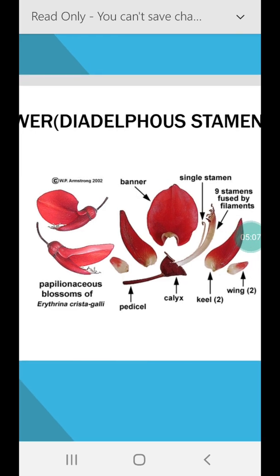the flower has one standard wing, that is the banner, then two small lateral wings, and two keels, which are fused.